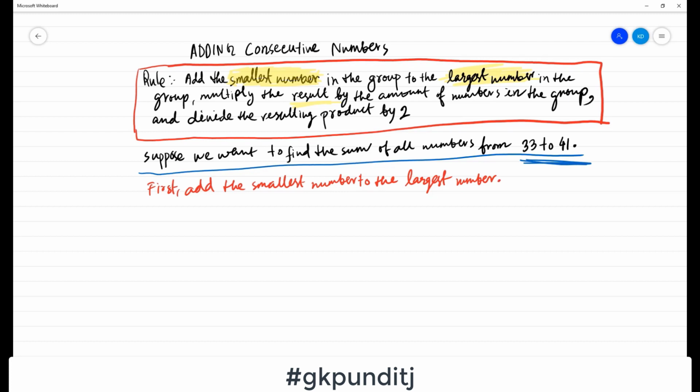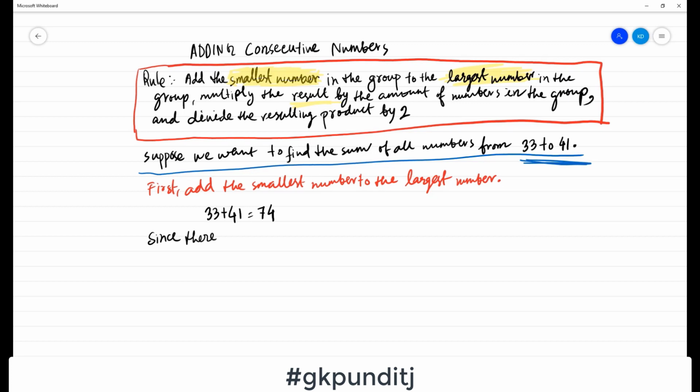Since this is a live class, I have to write it down here: 33 plus 41. So when given this kind of problem, just add the smallest to the largest. This is the first thing we need to do.